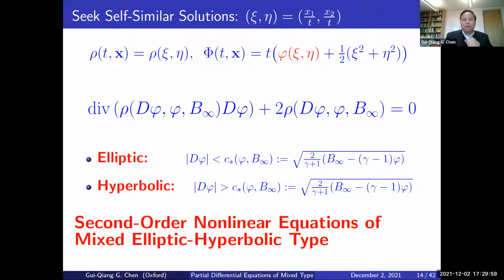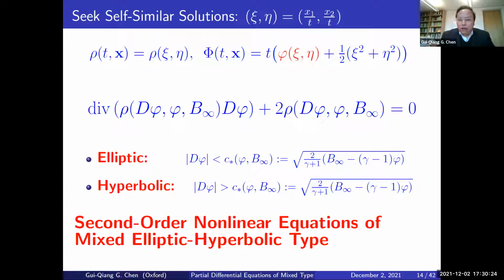So before you solve the problem, you don't know in which region the solution is elliptic and in which it is hyperbolic. Unless you solve the problem and get a gradient estimate, then you will say this part is elliptic, and in some part of the domain the equation is hyperbolic.